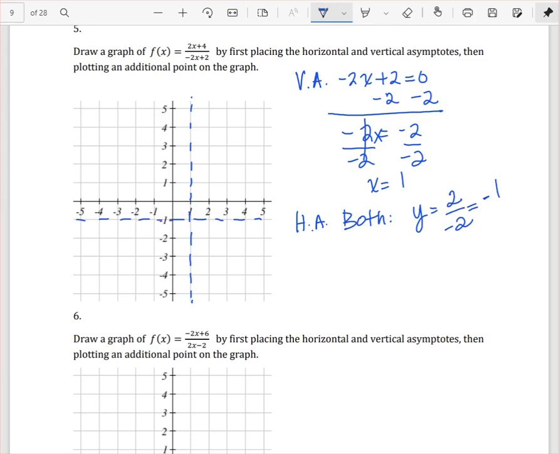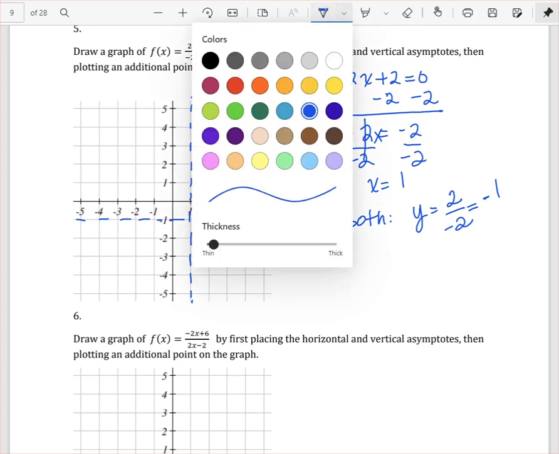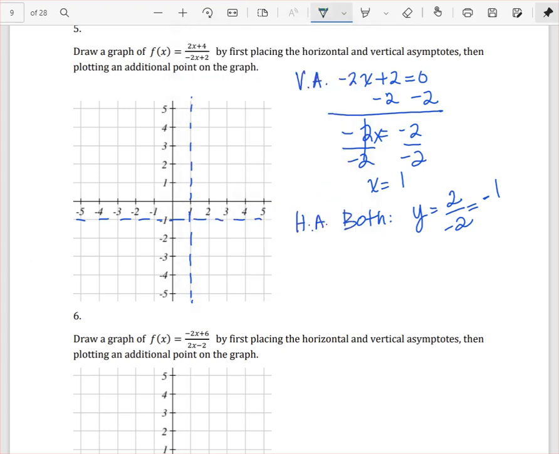And then my open math is going to require you to plot additional points, and it would have to be 2 points on each side. So I'm going to do 2 and 4 here on this right side. Maybe 0 and -2 on this other side.